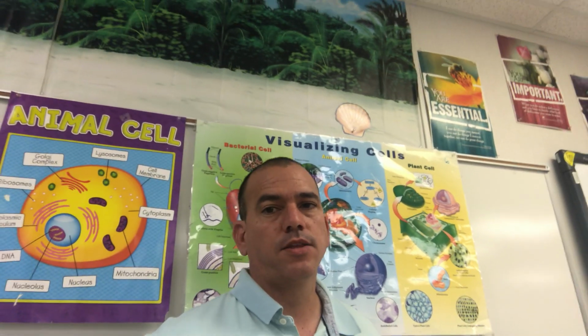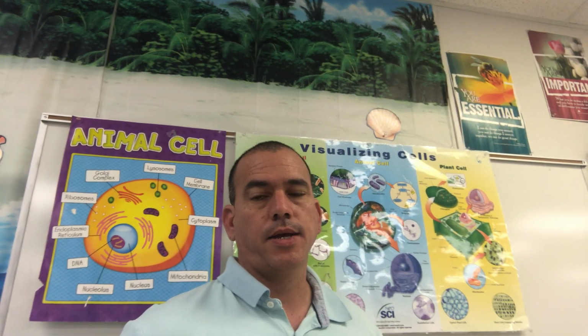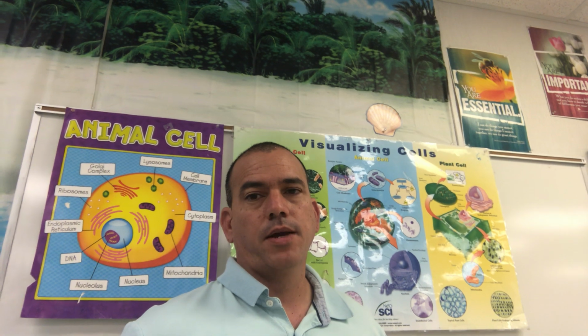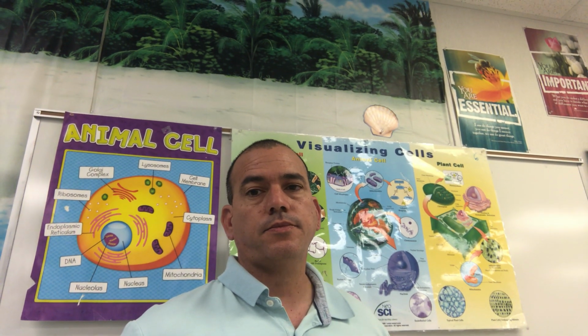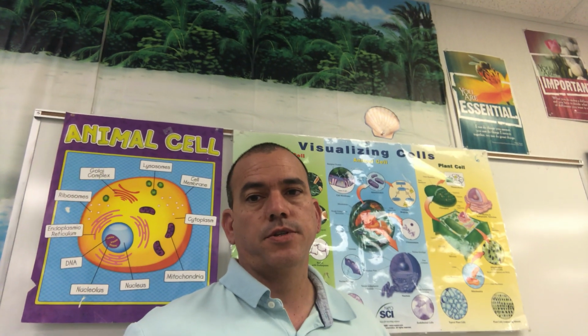The vacuole, I like to think of like a big pool. The chloroplasts are like little solar panels to me because they absorb the light and make sugar out of it through photosynthesis, and then the sugar eventually gets turned into energy. So I like to think of the chloroplast like little solar panels.